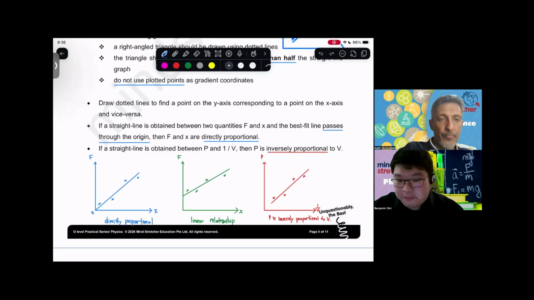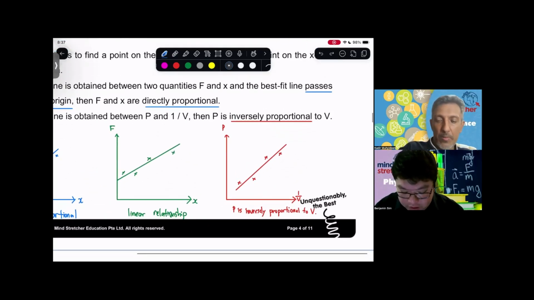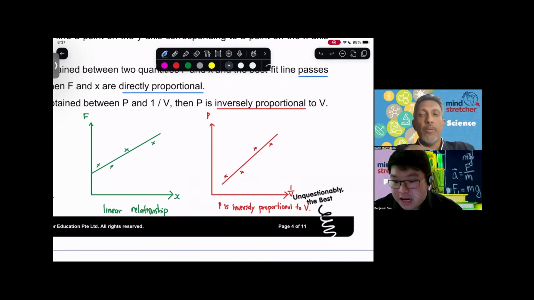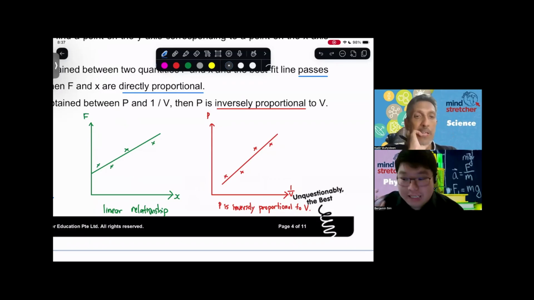All right, now if, say for example, you plot a graph of p against 1 over v, as you can see in red color here, and you end up with a straight line, you will notice that you have p having a positive linear relationship with 1 over v, which translates to p being inversely proportional to v.